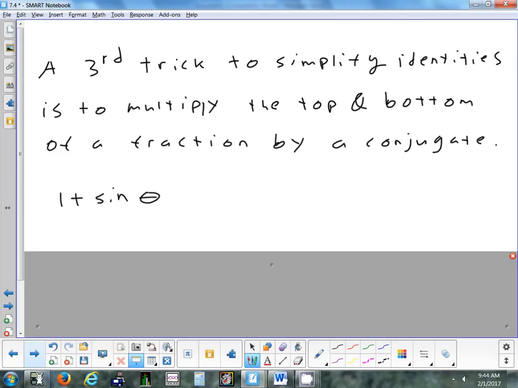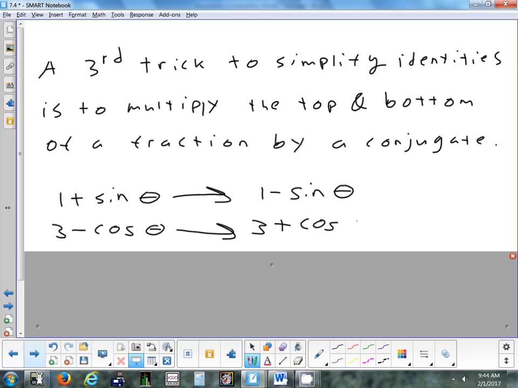We did this before with complex numbers. The conjugate of 1 plus sine is 1 minus sine. All you do is change the sign of what's in the middle. If you had 3 minus cosine, the conjugate would be 3 plus cosine.